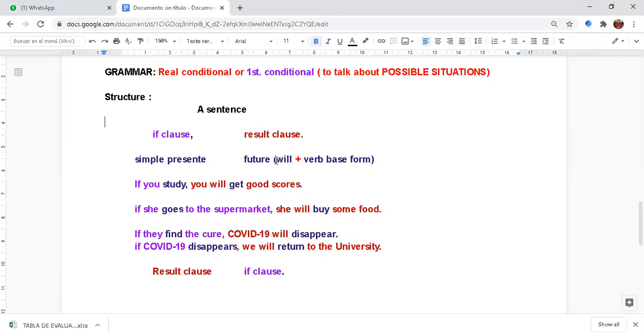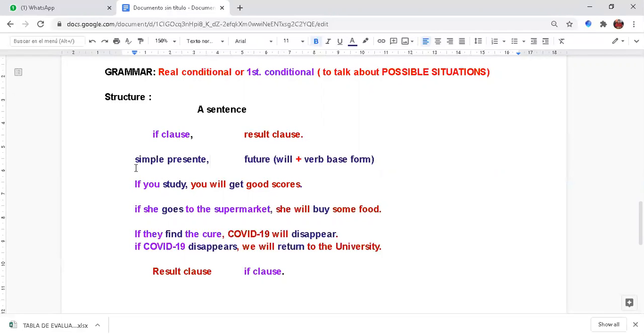That future must be formed by the auxiliary will plus a verb in the base form. So a sentence in a real conditional must be organized by two clauses. One is the if clause, the other is the result clause. In the if clause you use simple present, and after that you need to use future in the result clause.